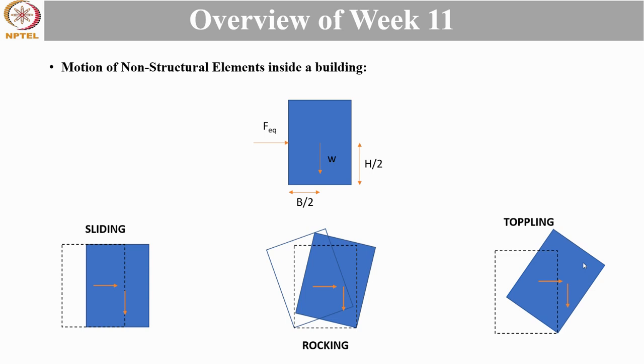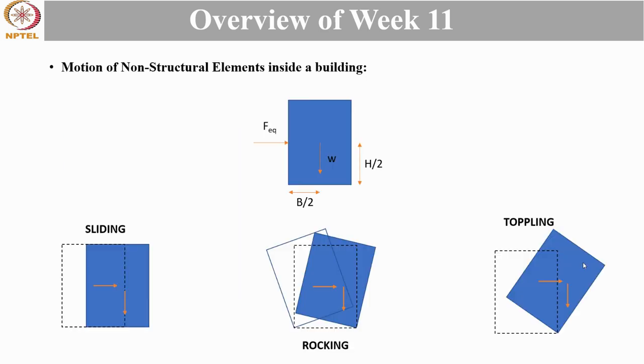Now, all three of them, sliding, rocking, and toppling, we can see in the diagrams how they look. Sliding is just movement, rocking is just deflection about a certain space that is occupied, and toppling is falling down. Like if the element is vertical, it will become horizontal.